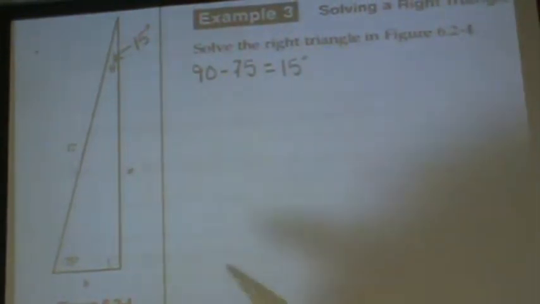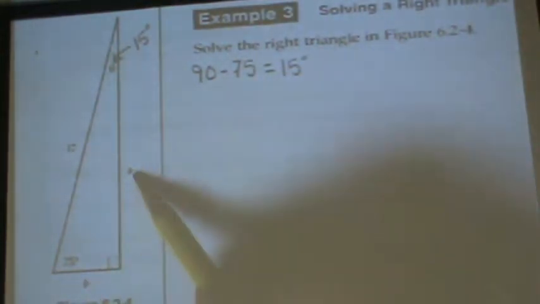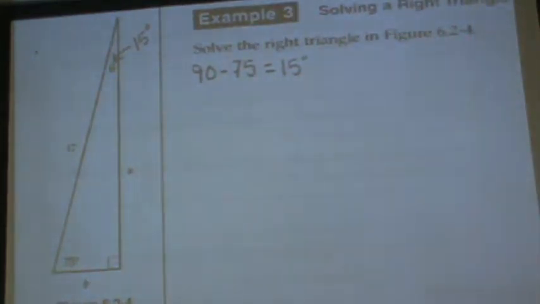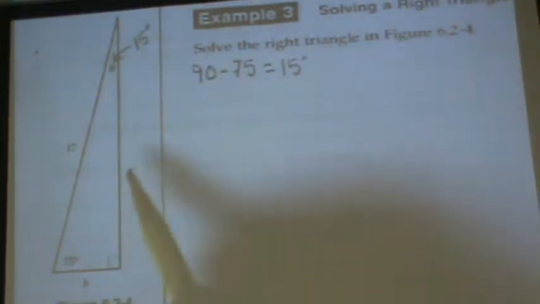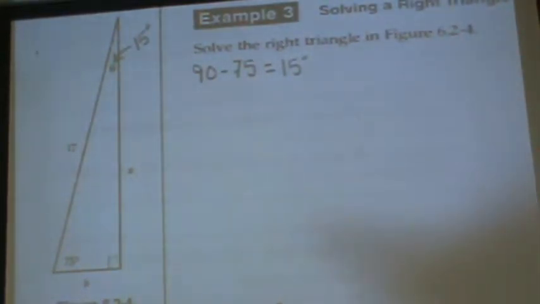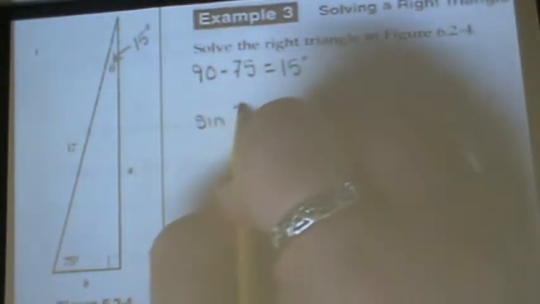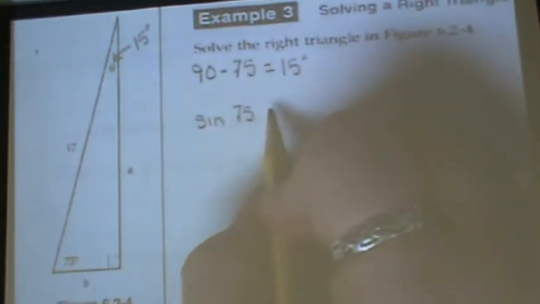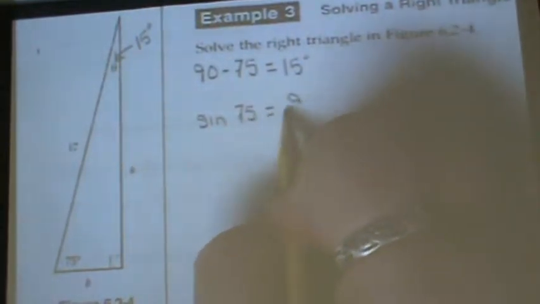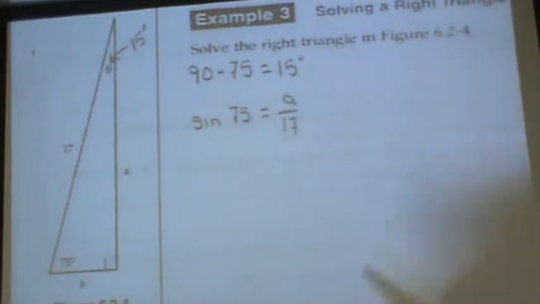And then you need to find both of these sides. So again, you can use the 75-degree angle or the 15-degree angle and use the trig functions or the trig ratios to find those two sides. So to find A, we could use sine of 75 equals A over 17.